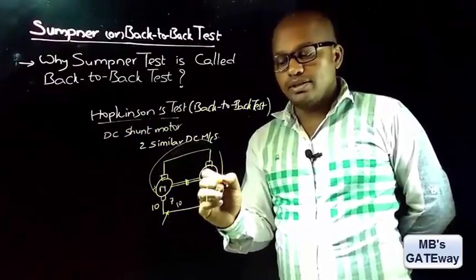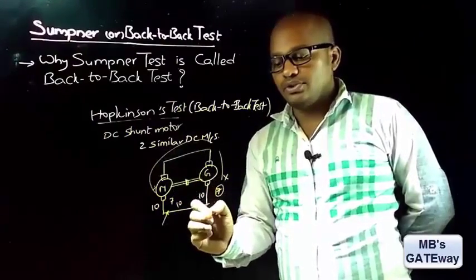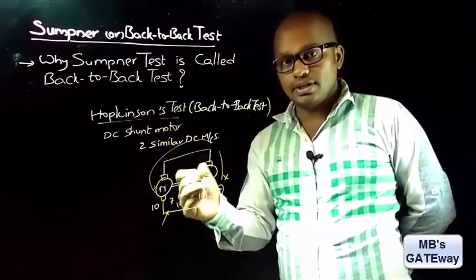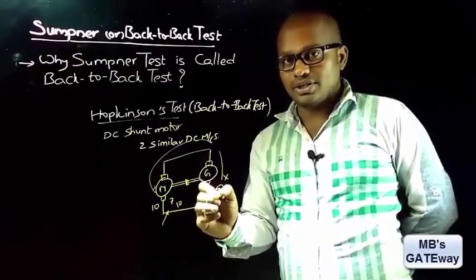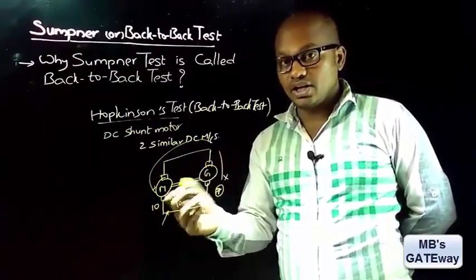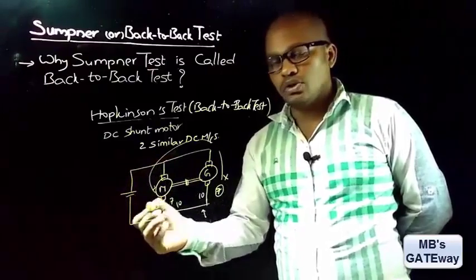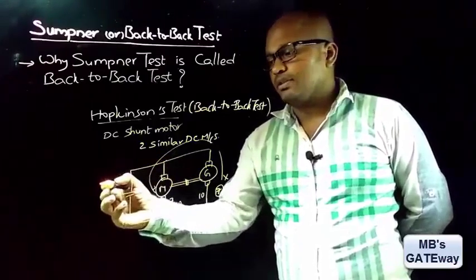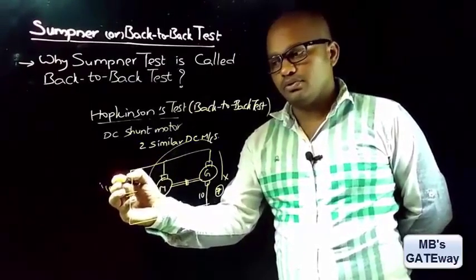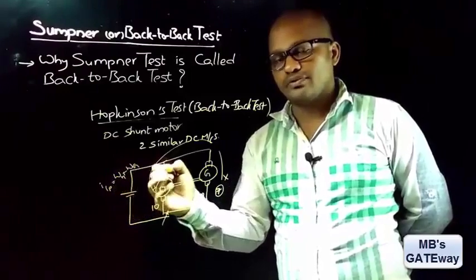So to make the output of the generator the input to the motor, we again need to give an additional input to the generator, equal to the losses in that machine. So to make this set run continuously, we need to provide an additional input equal to the losses of the machines. That is, here the input is equal to the losses of the motor plus the losses of the generator.